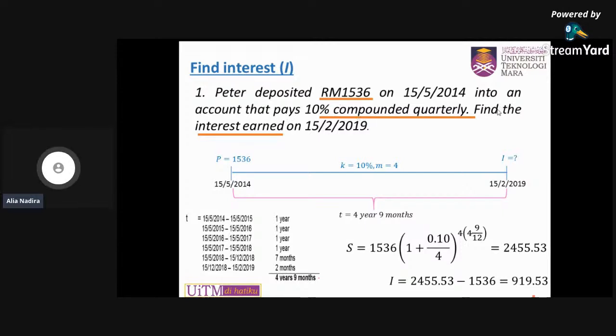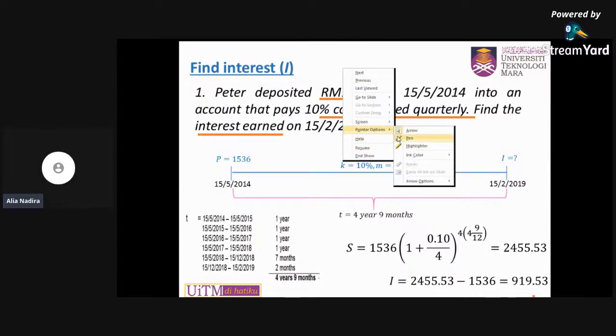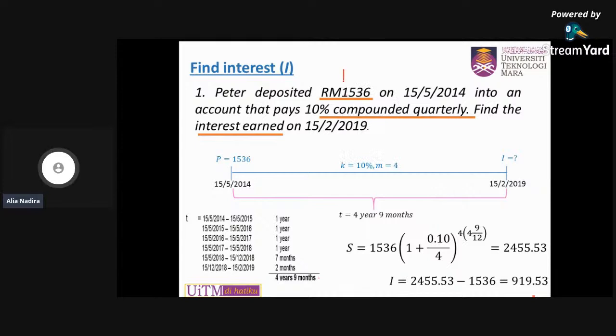So you want to find the interest earned. This one is your P, this one is your K, your M. So actually you want to find your I.